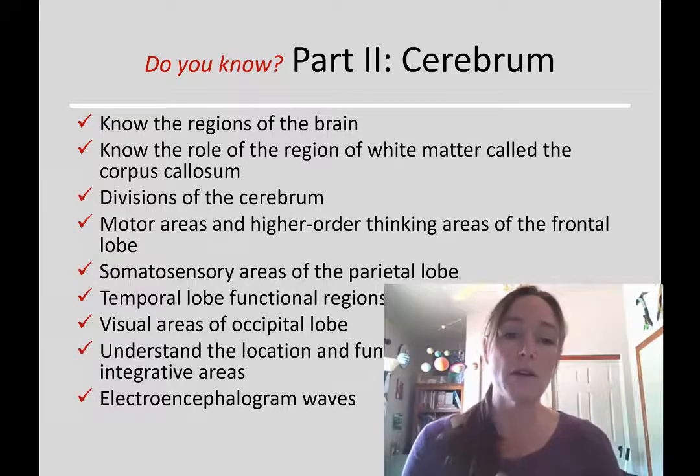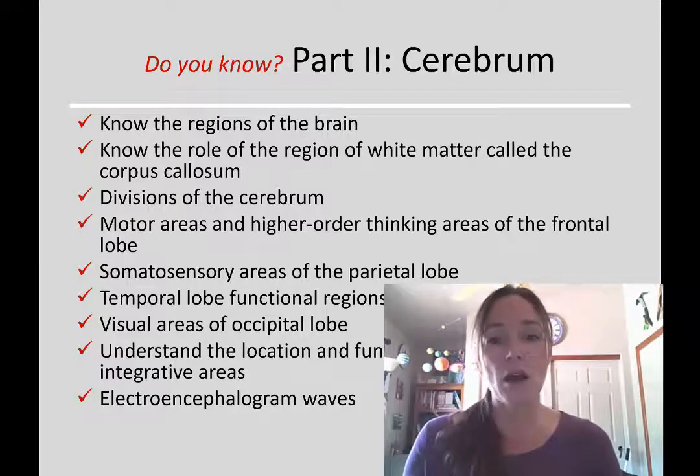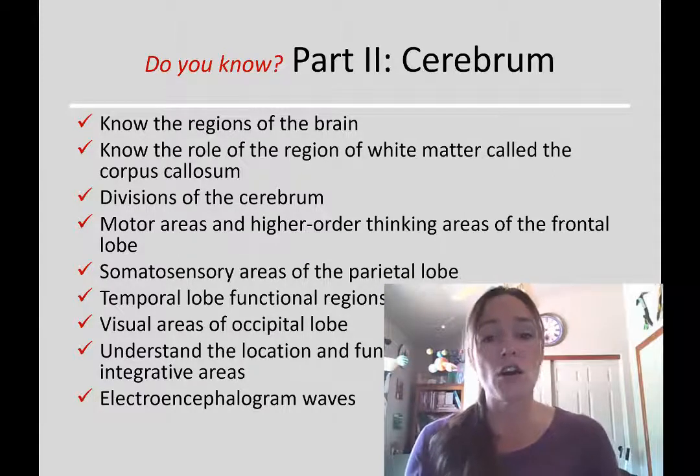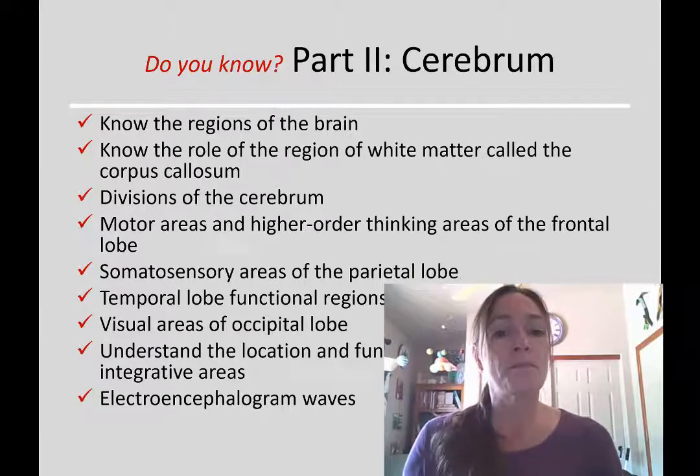So we have the primary visual cortex. The primary visual cortex is information from the eyes about light intensity, about color, about shading. It gives all the information from rods and cones. And we actually get very specific sections of our eye going to different parts of the brain.